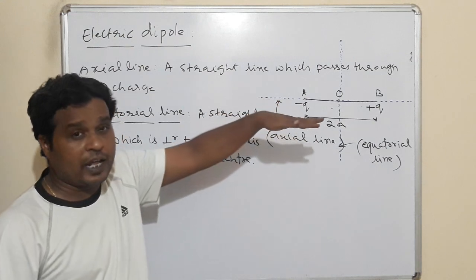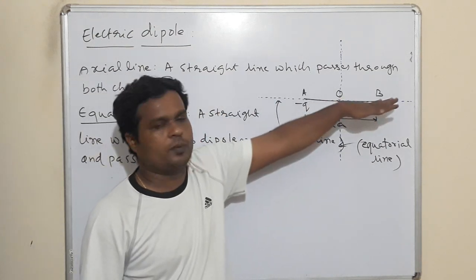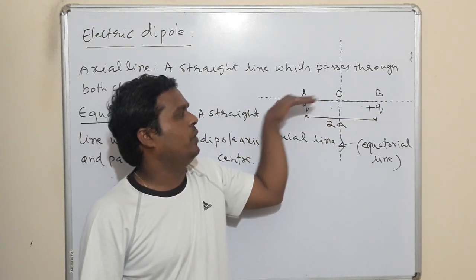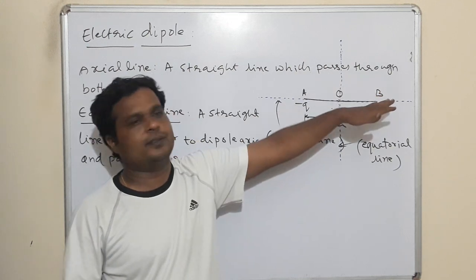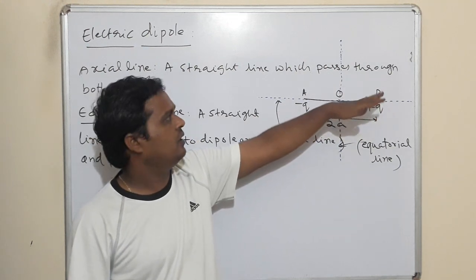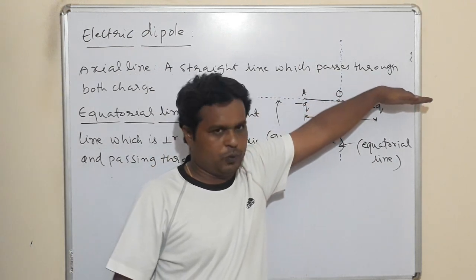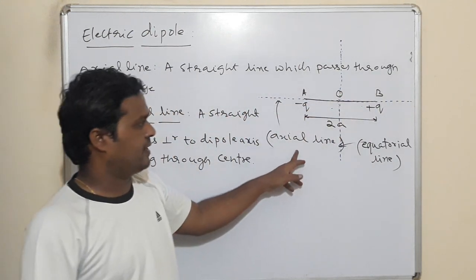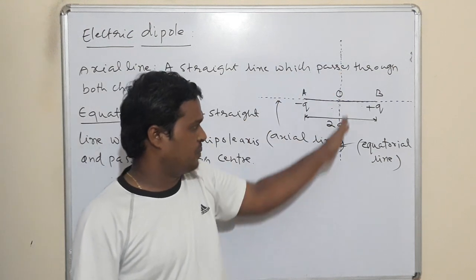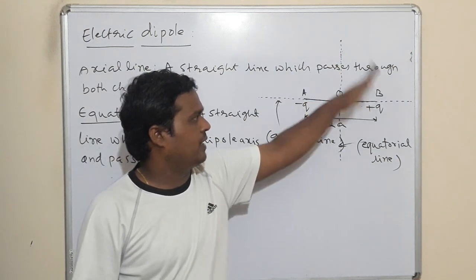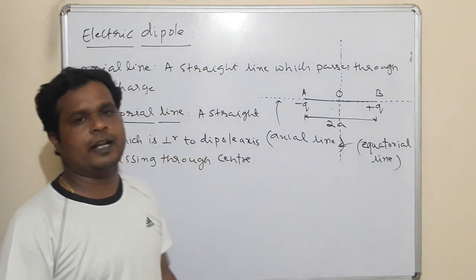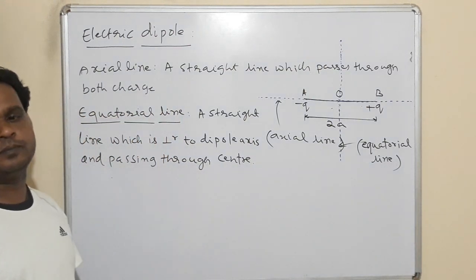What is the direction of the dipole moment? Dipole moment is always from minus to plus, minus charge to plus charge. Then a straight line which passes through the axis of the dipole like this is called as axial line, and a straight line which is perpendicular to the dipole axis and passing through the center, that line is called as equatorial line. Okay.